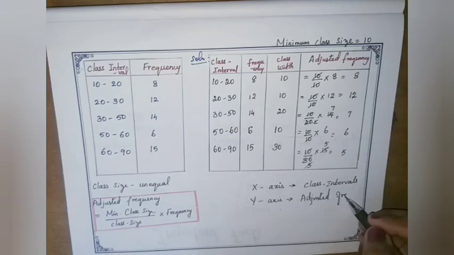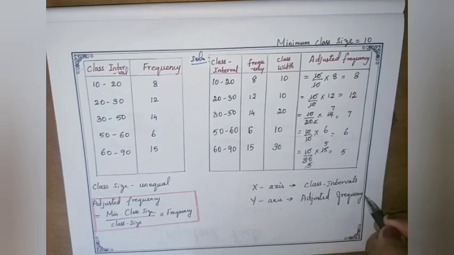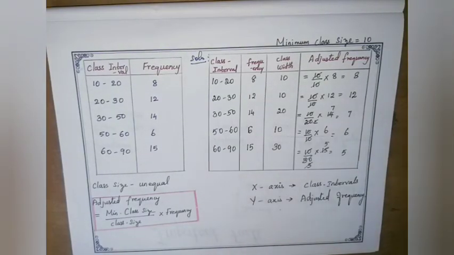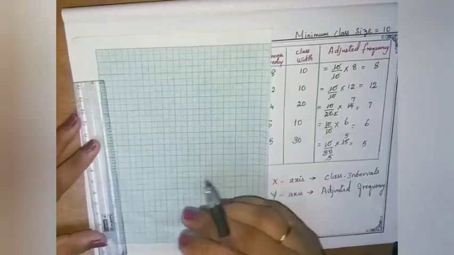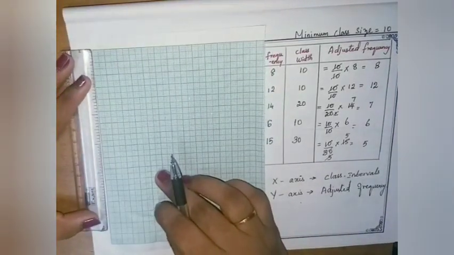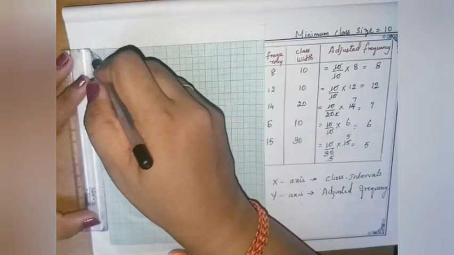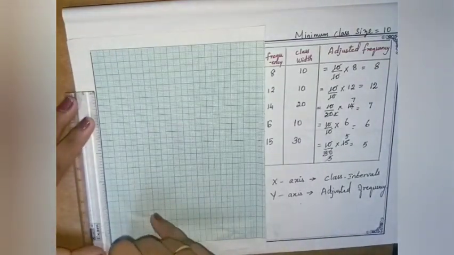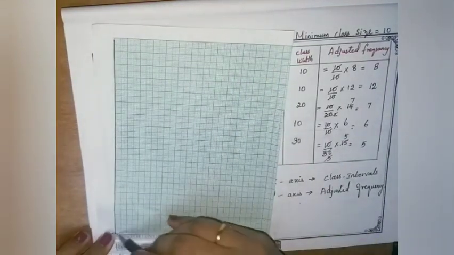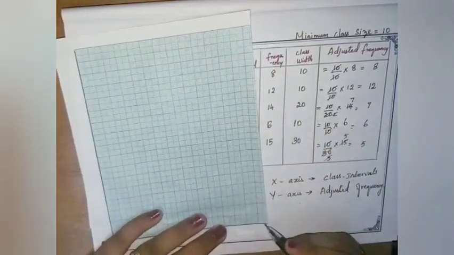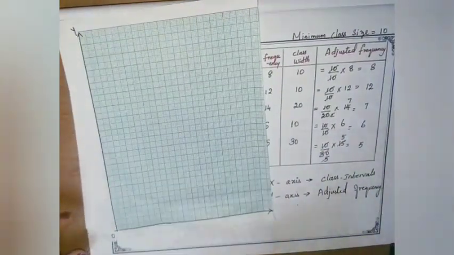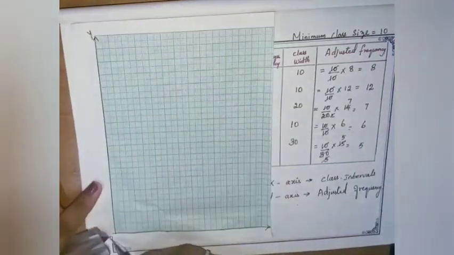Now we will draw the histogram for this frequency distribution, keeping the x-axis as class interval and the y-axis as the adjusted frequency.